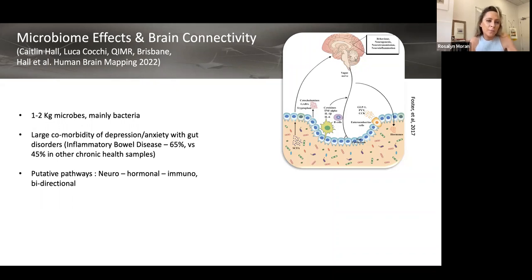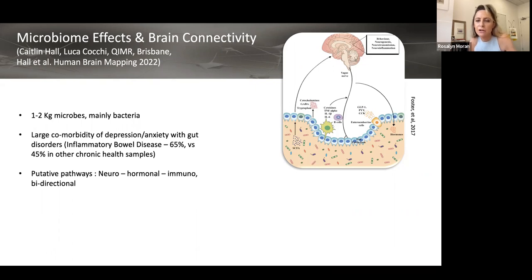And so what we're talking about is 1 to 2 kilograms of microbes, mainly bacterial, where we do see large comorbidity of depression and anxiety with inflammatory bowel disease. So roughly 65% of those with something like Crohn's versus 45% in other chronic health samples will have depression or anxiety. And what I'm not going to get into is the nitty gritty of the pathways, there are many.